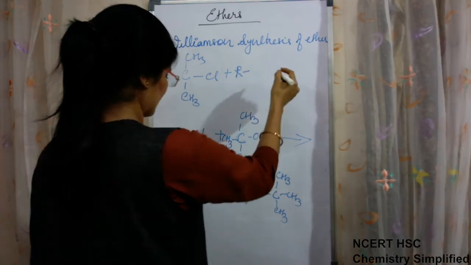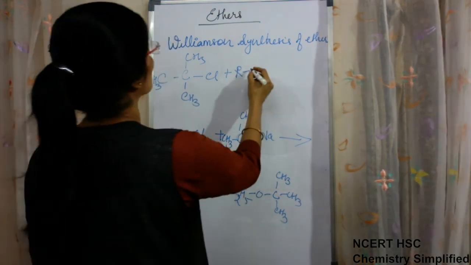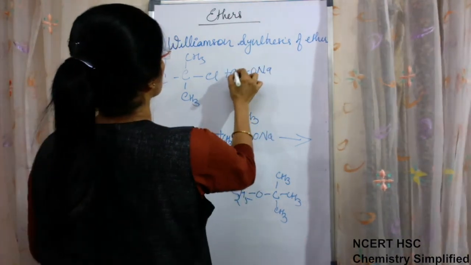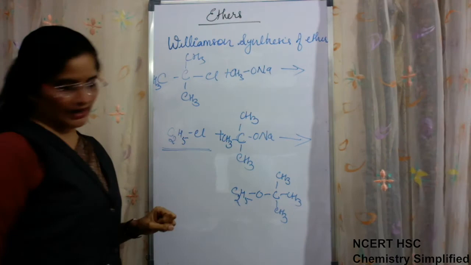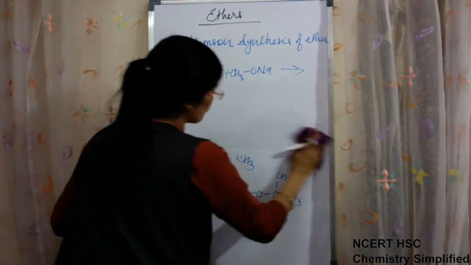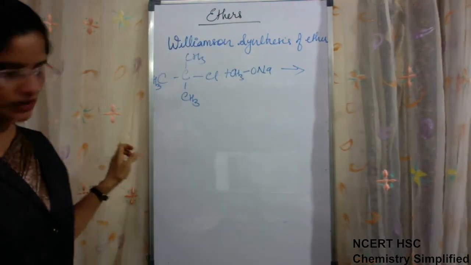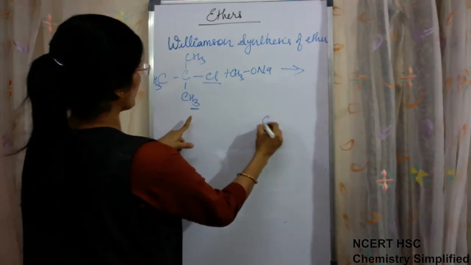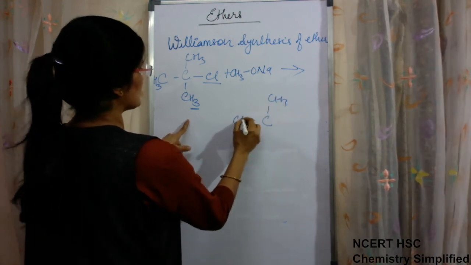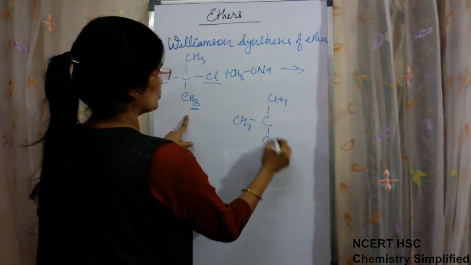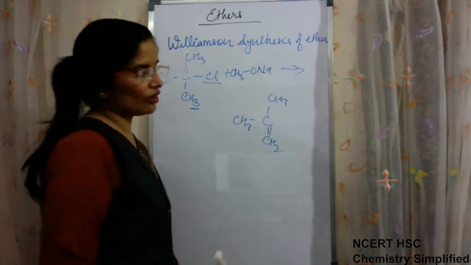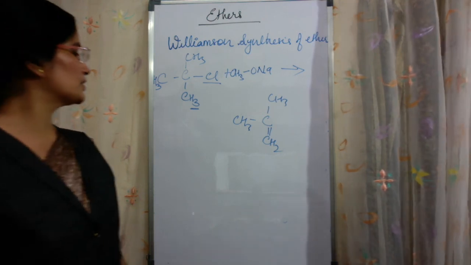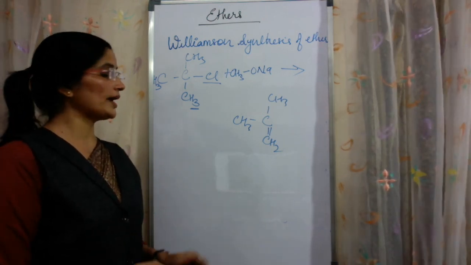RONa. This R may be CH3. Then in that case, what is going to happen? Instead of formation of ether, dehydrohalogenation occurs. Cl and H will be removed and the product will be CH3, CH3, CH2 double bond. Instead of ethers, dehydrohalogenation occurs and the product is not formed as required.